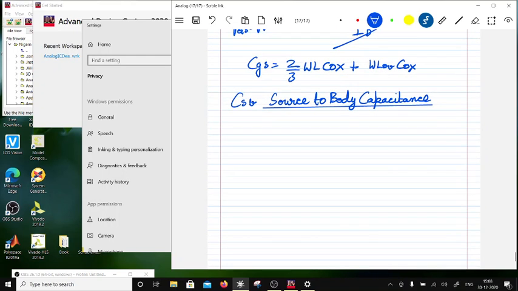Now source to body capacitance, because of the PN junction, right? So it can be written as the junction capacitance of the PN junction.